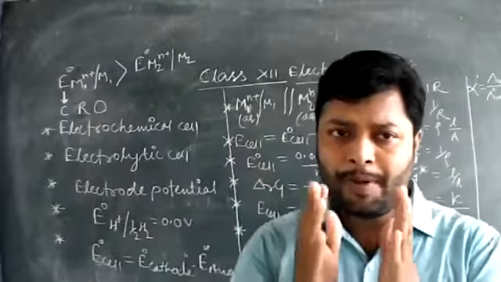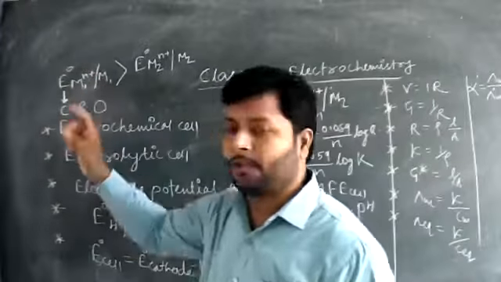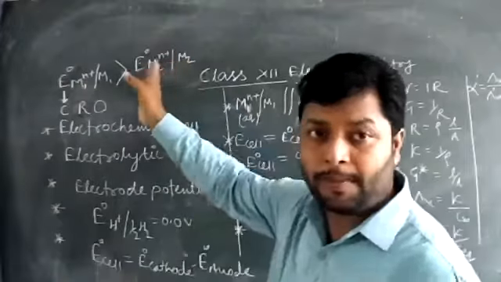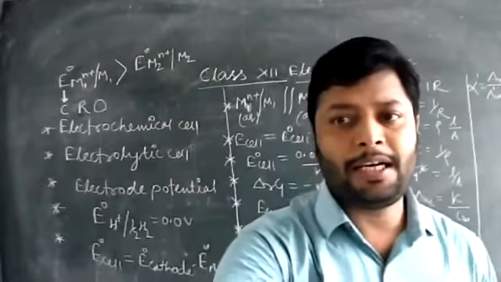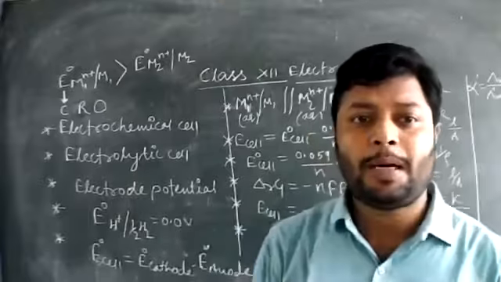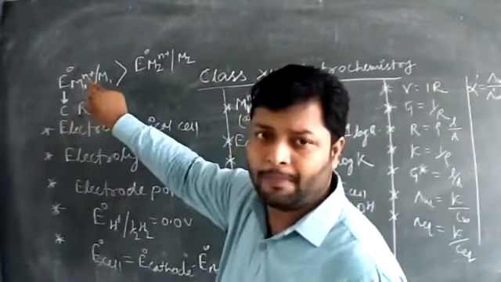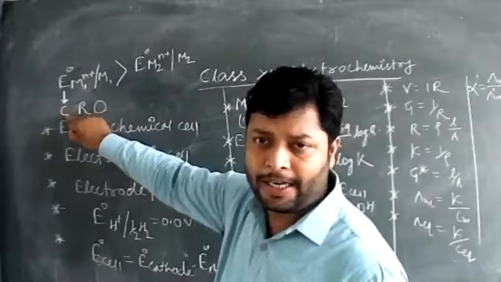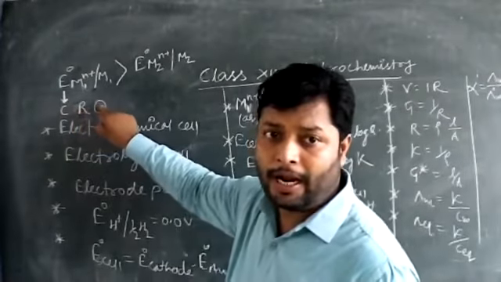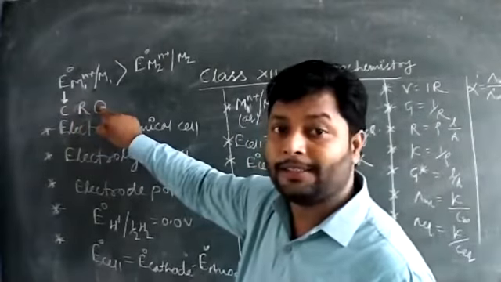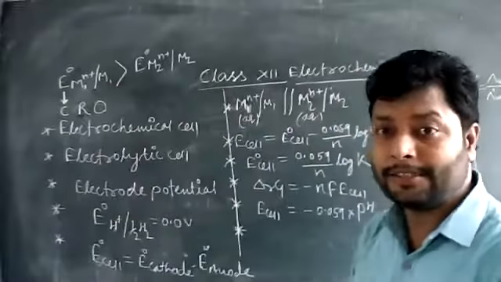Simply, we just have to learn any one of the electrodes, and the other electrode must be the opposite of that. Simply, a higher reduction potential value must act like a cathode, must have reduction, and can act like an oxidizing agent. This is all about what we discussed yesterday.